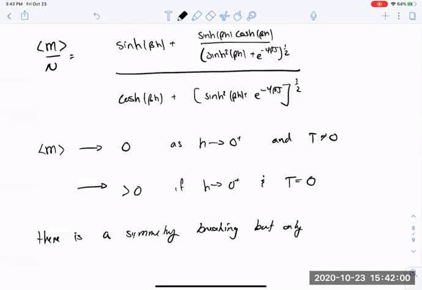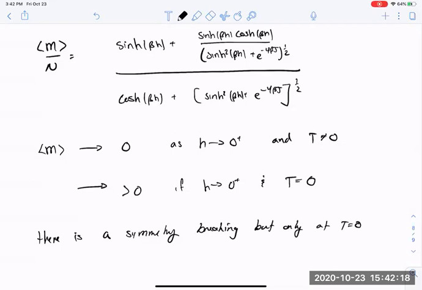It only occurs at 0 temperature, where there are, in fact, 2 degenerate ground states. So if I start in one of them, I will be stuck in it. If I start in the other, I'll be stuck in that one.